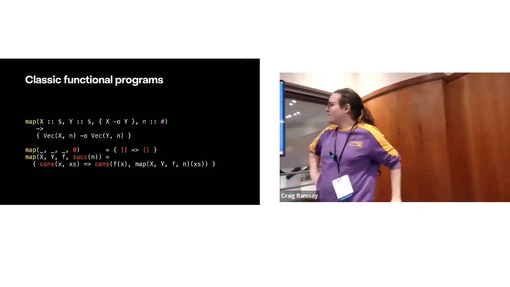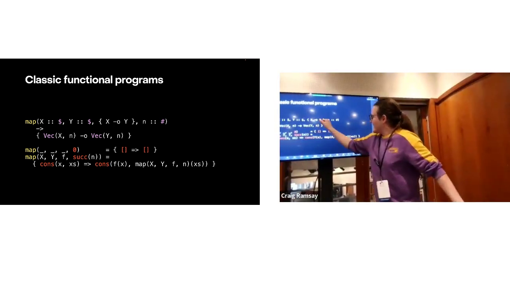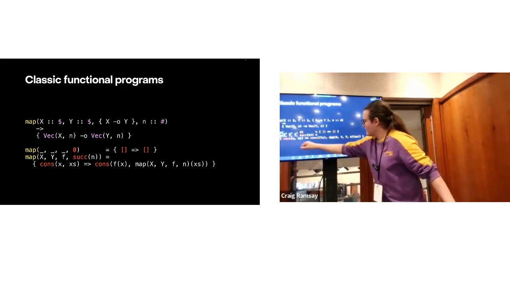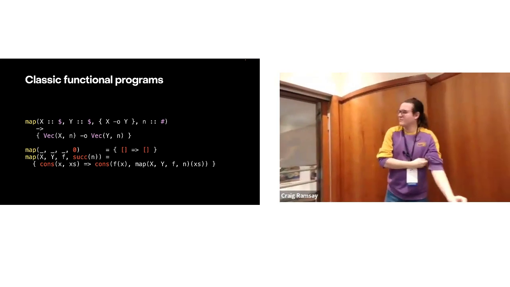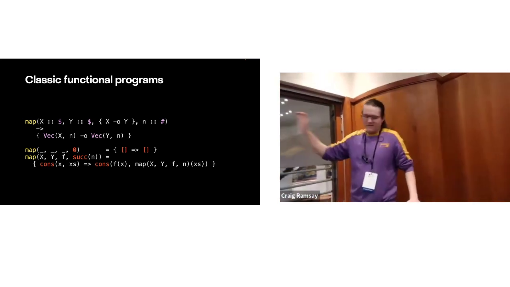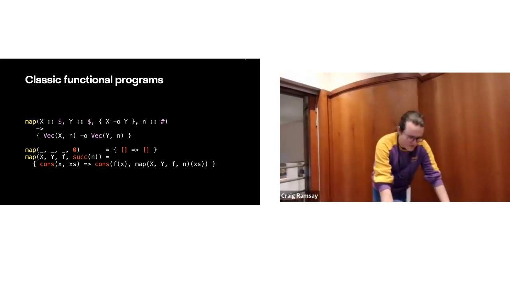And then if we look at n and it's a successor, then we know that the vector that we're acting on must be a cons or something of length n plus 1. And then there's classic map definition.